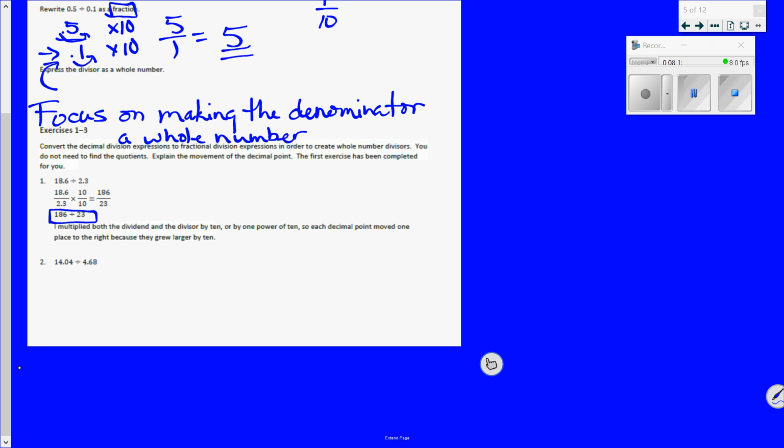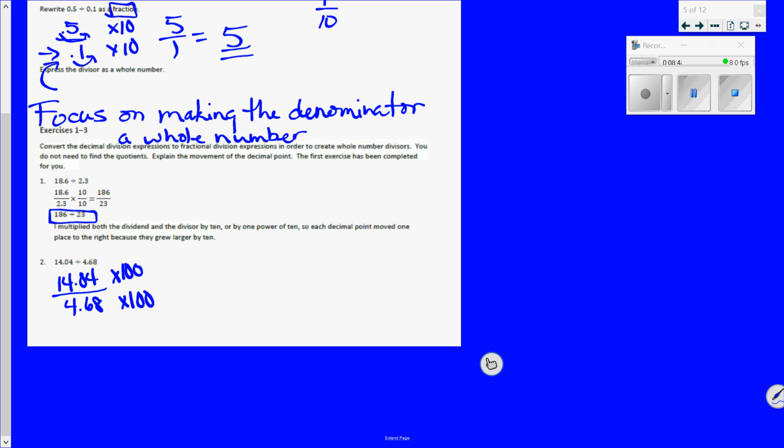So our next one, we're going to do the exact same thing. I'm going to rewrite my problem as a fraction. So 14 and 4/100ths divided by 4 and 68/100ths. Unfortunately I said it. Let's see who was listening. Who can say the denominator for me mathematically correctly? Evan? 468 hundredths, meaning I'm going to multiply by 100.